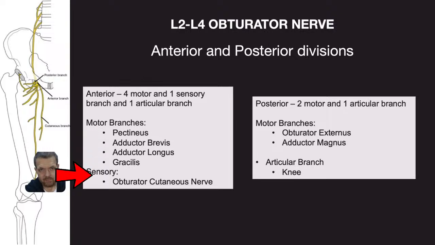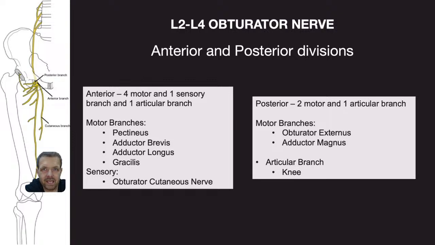Okay, and then the sensory nerve. So this is a bit that supplies the skin. Anything with cutaneous in it is to do with the skin. So the obturator cutaneous nerve receives information from the skin, and then sends that information back to your nervous system. Okay, and then the one thing we're missing off there is the articular branch, which on this picture is just here.